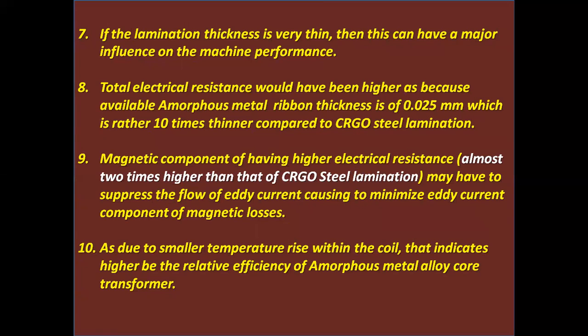Total electrical resistance would be higher because the available amorphous metal ribbon thickness is of the order of 0.025 millimeter, which is about 10 times thinner compared to CRGO steel lamination.